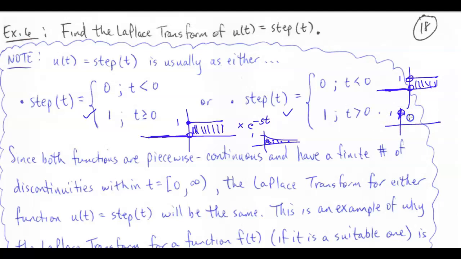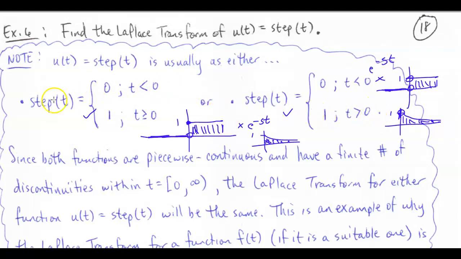If this was open circle and you did it like that, the area under the curve of both of those functions, if I was to multiply by e to the minus st as well, would end up being the same thing. And that's one of the reasons why this version of the step function or that version of the step function will still have the same Laplace transform. So it really doesn't matter how we define it. Both are going to give us the same result.